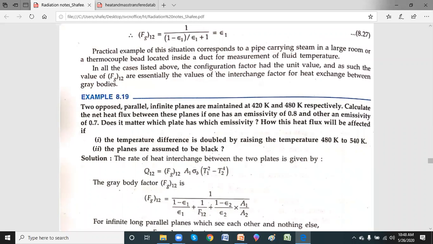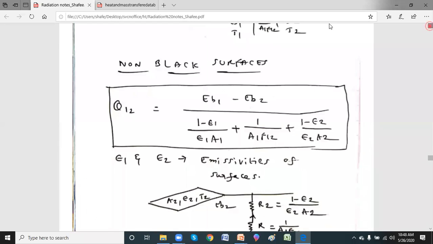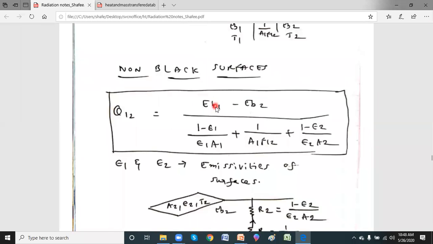previous page. You just see, yes, this is the formula. Now we can see EB1 is sigma B T1 power 4, sigma B T2 power 4, that is available. Now he has taken A1 as common, so A1 he has just taken common in the denominator. Now that 1 by A1 will come here if you take A1 as common.